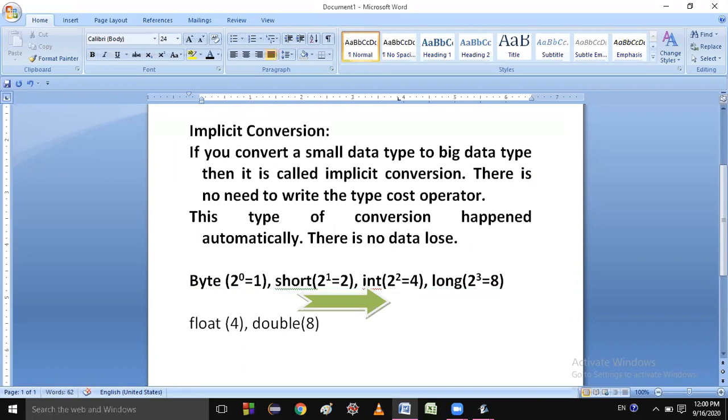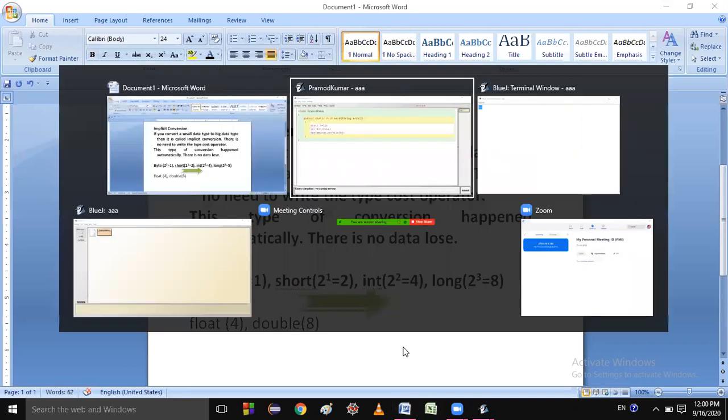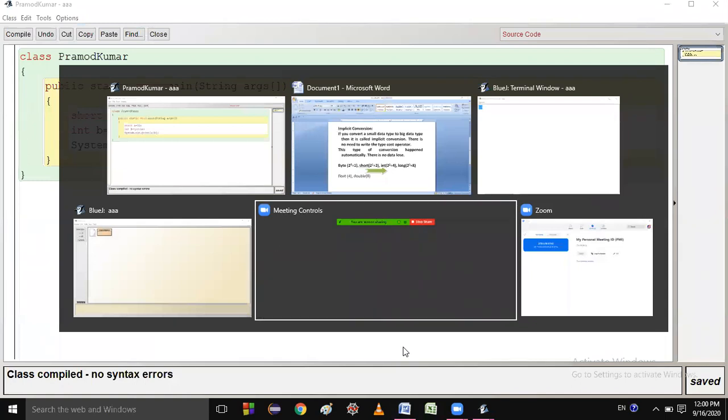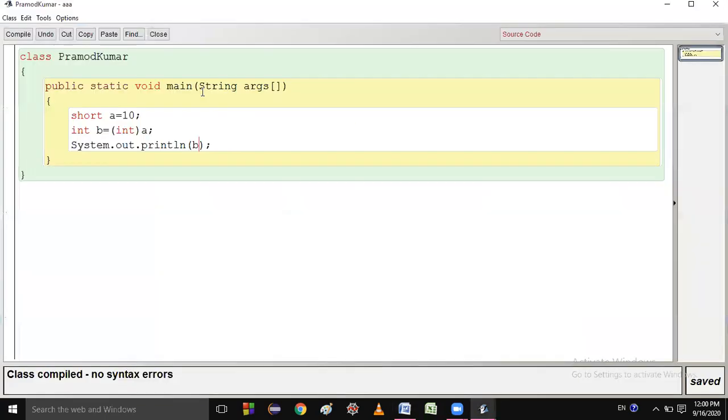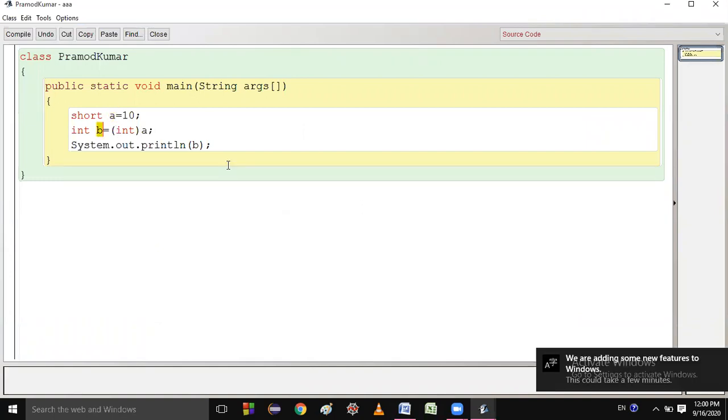Okay. So in the theory part, what I explained is implicit type conversion. First you watch this. If you convert a small data type to a big data type, then it is called implicit conversion. So that means I have converted a small data type to a big data type, and this definition is satisfied.